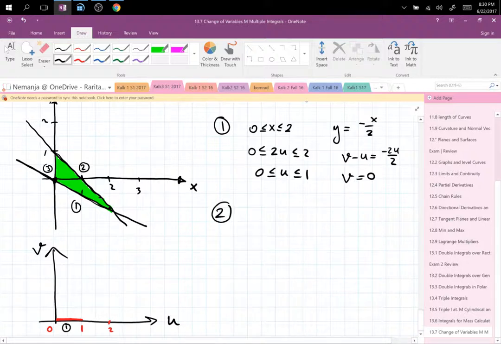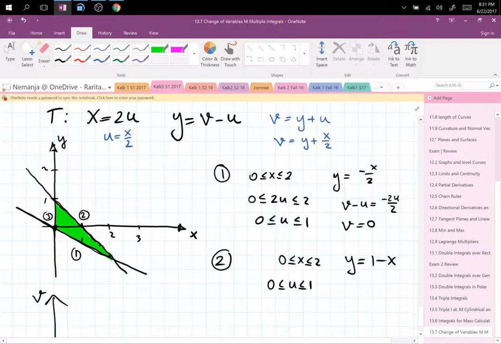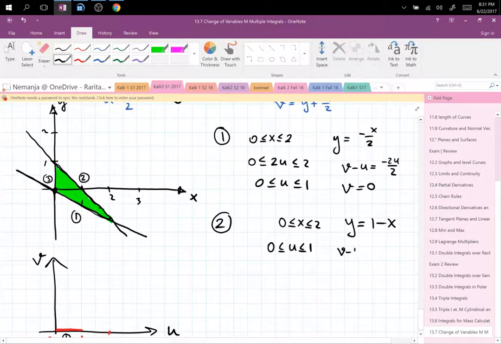Number 2, again, x is stuck between 0 and 2, and y is 1 minus x. So we already know that this is 0 less than u less than 1. And then y over here is going to be what? Y is given as v minus u, thank you, v minus u.